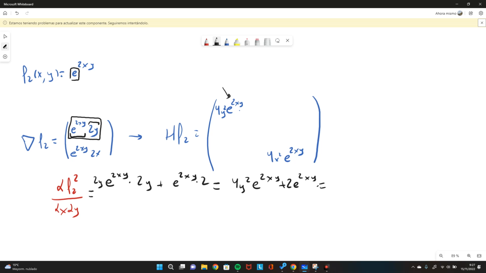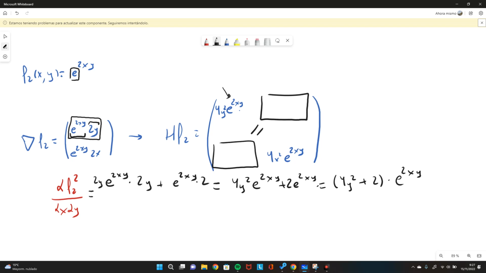So this is actually 4y squared plus 2 times e to the power of 2xy. This is pretty much what it is, okay? This is the common factor, and this goes in these two places. And I'm gonna write it now.